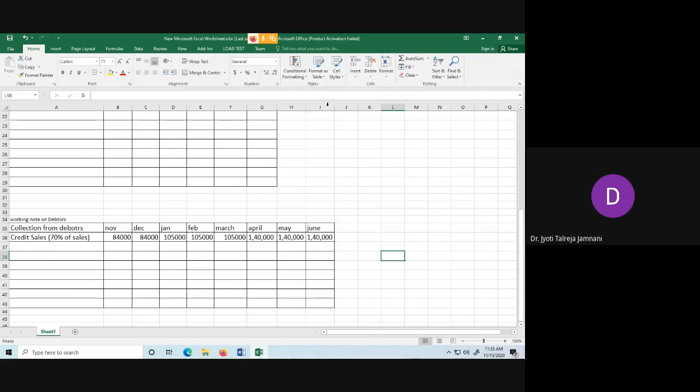Now we'll see how the collection is done. They have said 40% in the first month after sales and 60% in the second month after sales.